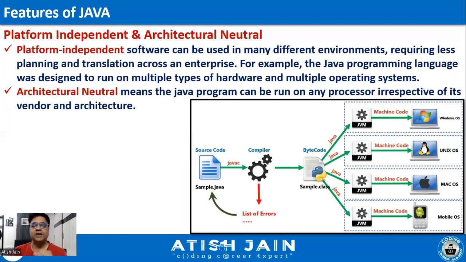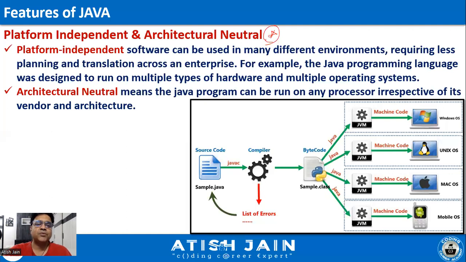The next feature of Java is platform independent and architectural neutral. This is one of the very important features of Java. Why? Because all the other features I've explained just now are available in other languages also. But this is one feature which is not available in other languages like C or C++.